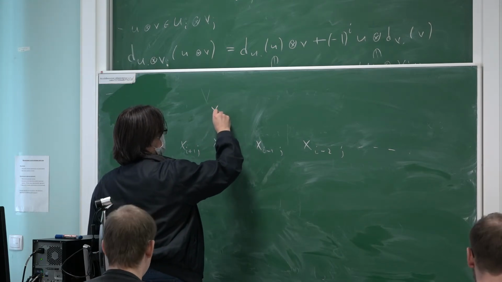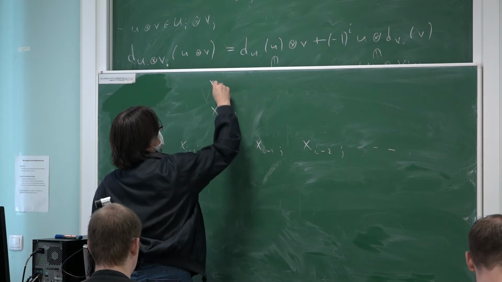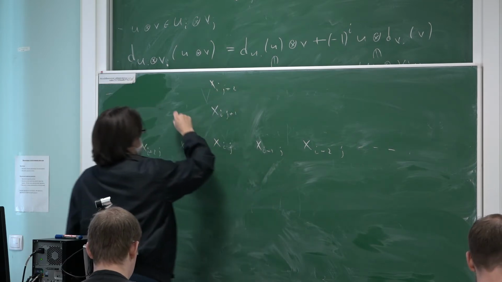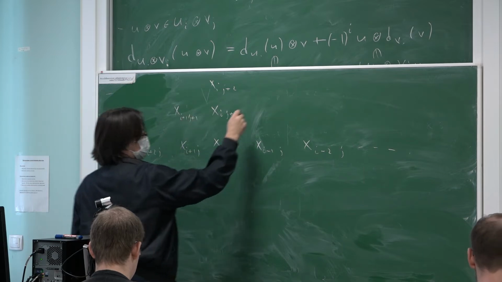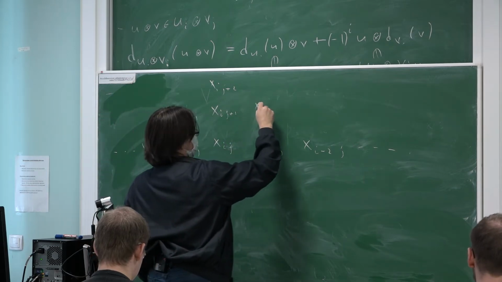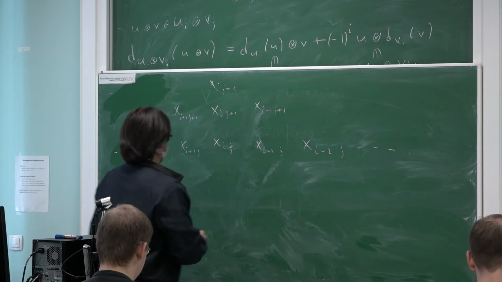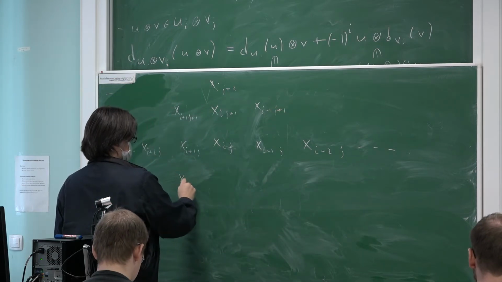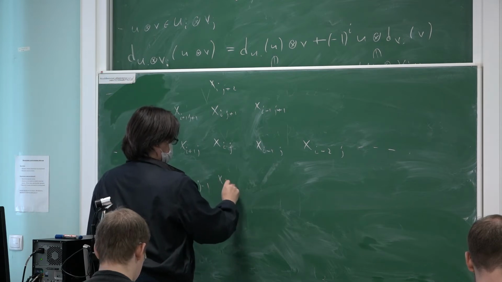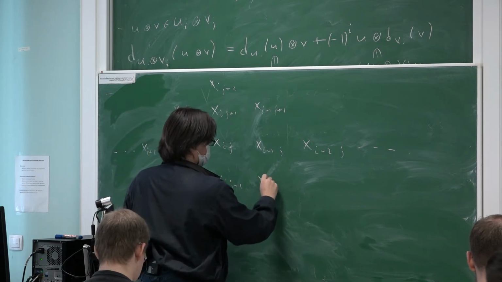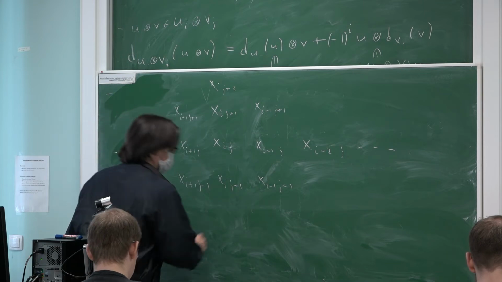So here x_{i,j+1}, x_{i,j+2}, here x_{i+1,j+1}, x_{i-1,j+1}, here x_{i+1,j-1}, x_{i,j-1}, x_{i-1,j-1}, and so on.